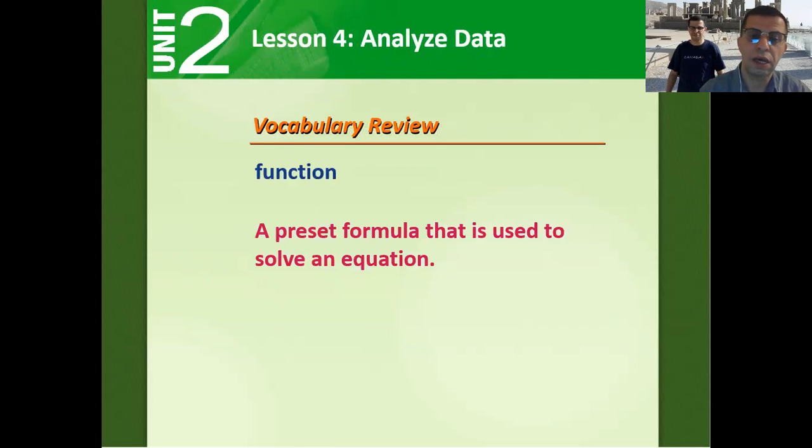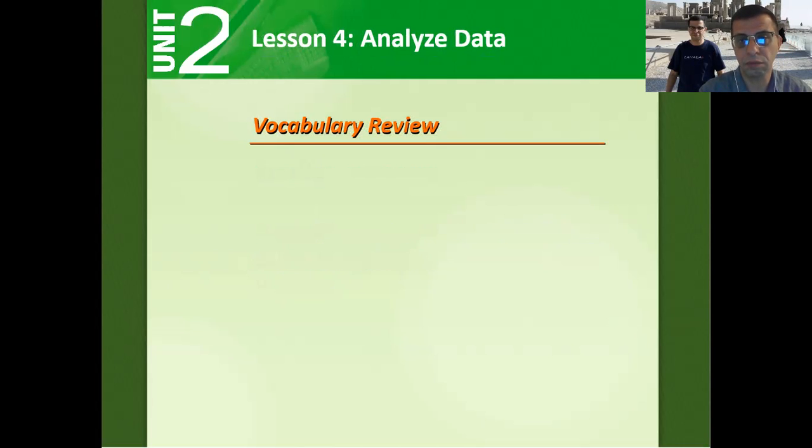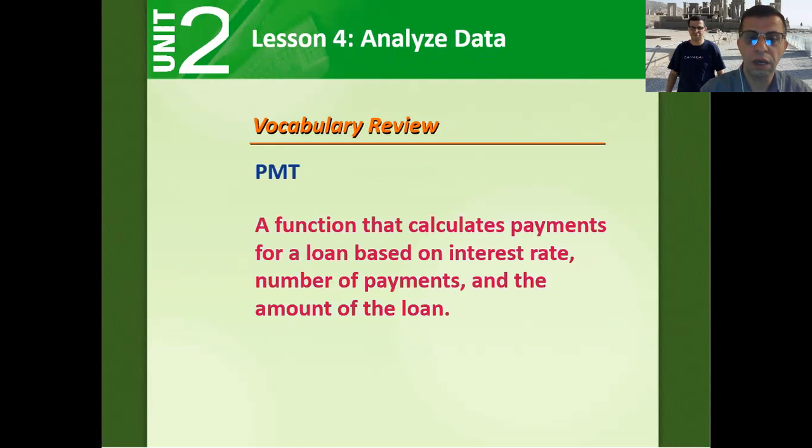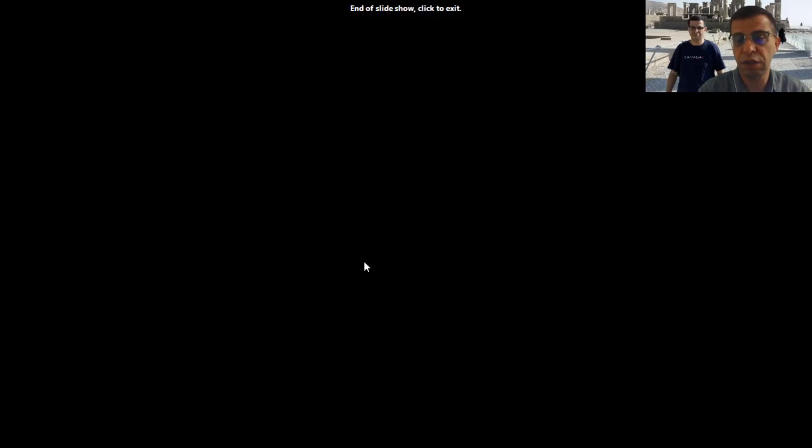Function, a preset formula that is used to solve an equation. A PMT, a function that calculates the payment for a loan based on interest rate, number of payments, and the amount of the loan. And that's it.